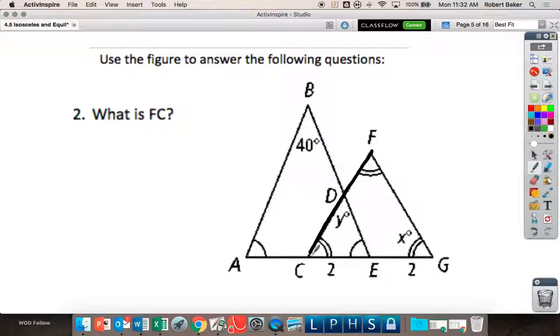Did you see that FC is contained in this equiangular triangle? And because that triangle is equiangular, it is also equilateral. And then the hidden measurements of 2 plus 2 equals 4. So FC is 4 units long. So now it's about seeing the information and how it's presented.